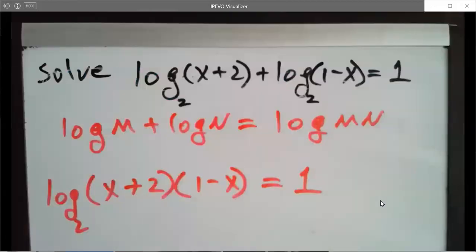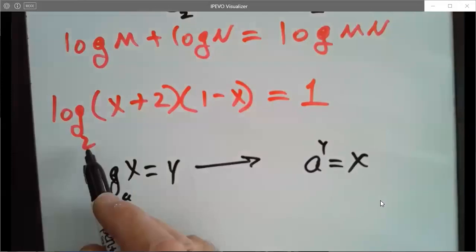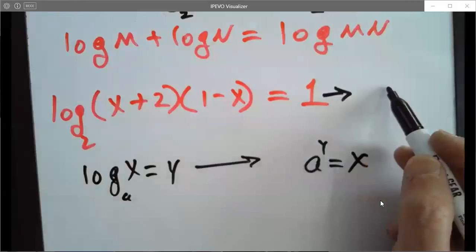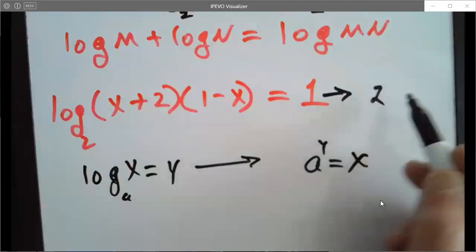So I'm just going to rewrite this: log x base a equal y equals a to the y equals x. So we start with the base of our logarithm, which is the same as the base for our exponent.